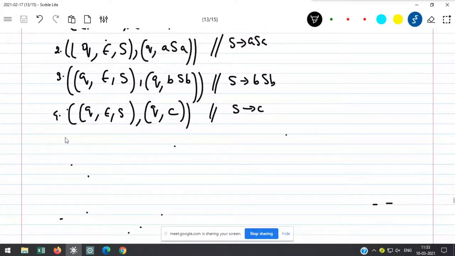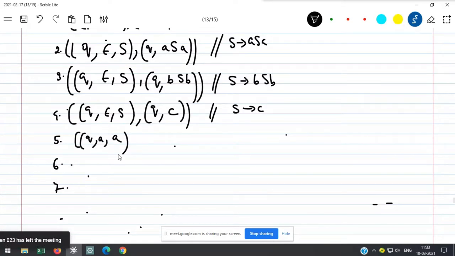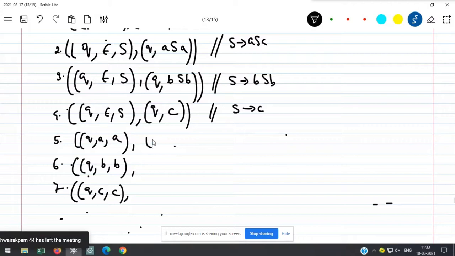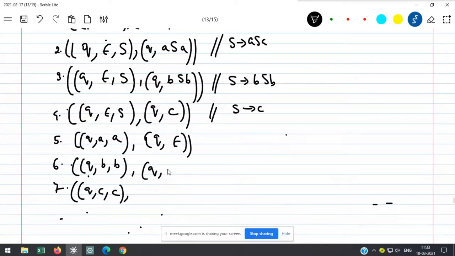How many terminals are here? 3. A, B, and C. So for that one, Q, comma, A, comma, A, Q, comma, B, comma, B, Q, comma, C, comma, C. Q, comma, epsilon.